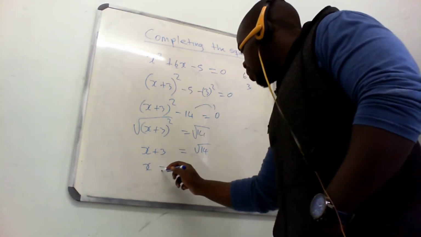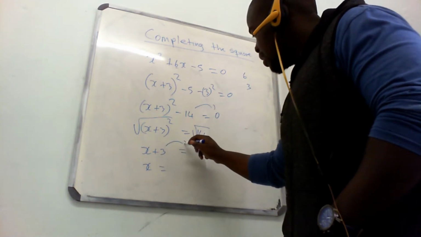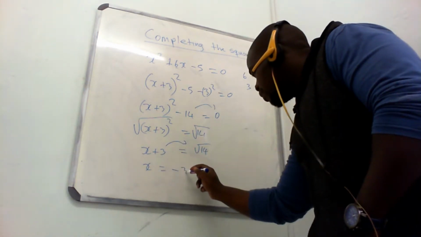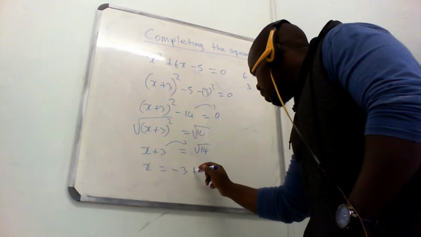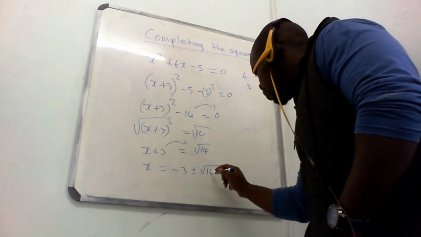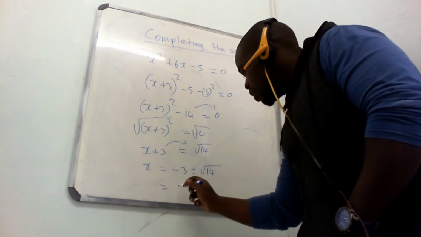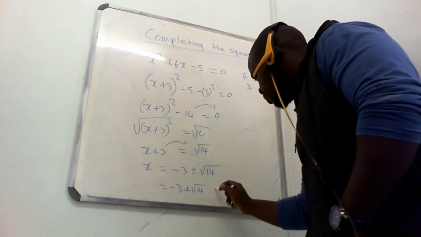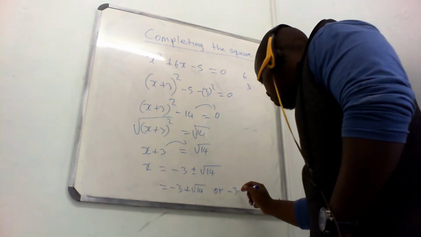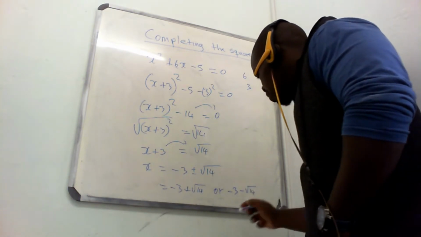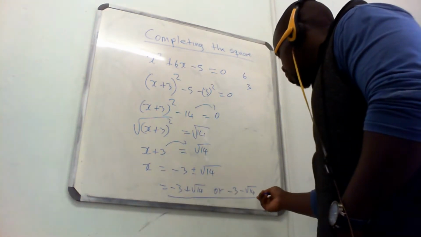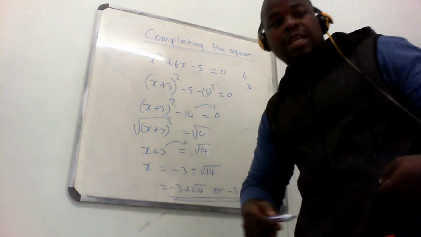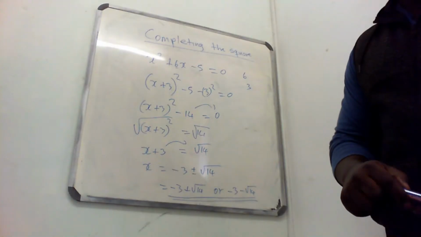Our x will be equal to, we take this 3 to the other side, negative 3 plus or minus square root of 14. So our two answers will be negative 3 plus square root of 14 or negative 3 minus square root of 14. So this is how to solve a quadratic equation using the completing the square method.